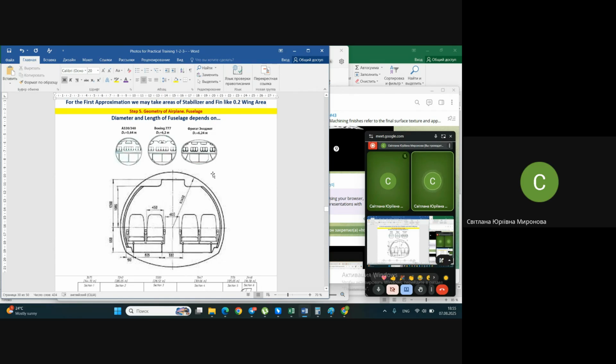Their cross-sections, you see, are circular, elliptical in the horizontal plane, elliptical or some bulb shape in the vertical plane, created by some circles or by some bulbs, depending. They depend on how many seats you place in a line, in one row, as it's called, and how many aisles you make, the spaces between these lines of seats.